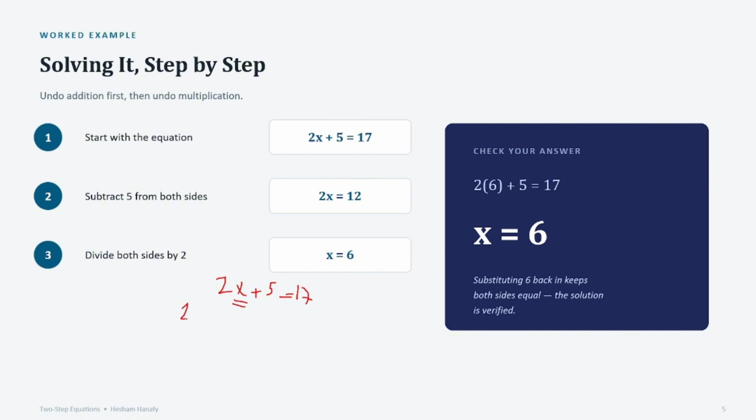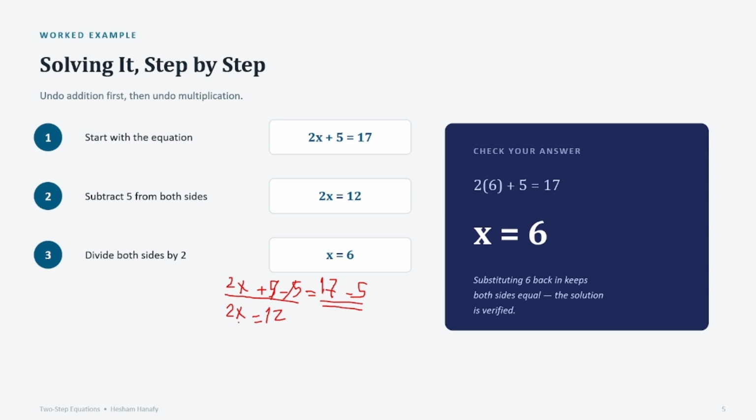So it will be 2x plus 5 minus 5 equals 17 minus 5. Here is the important second point: whatever you are doing to one side, you must do to the other side. So 2x will be equal to 12.